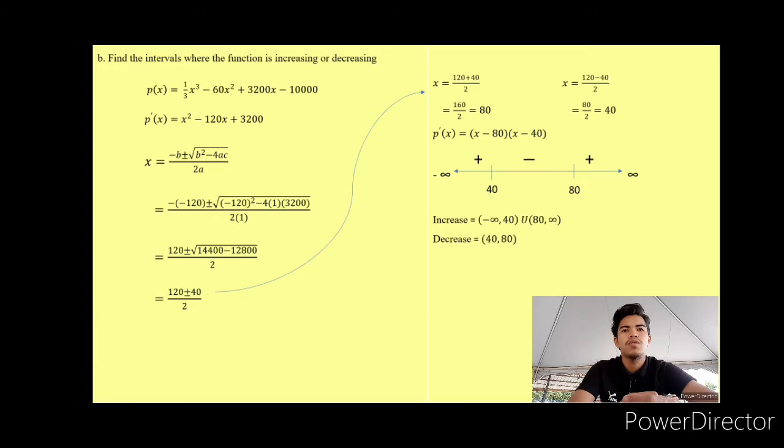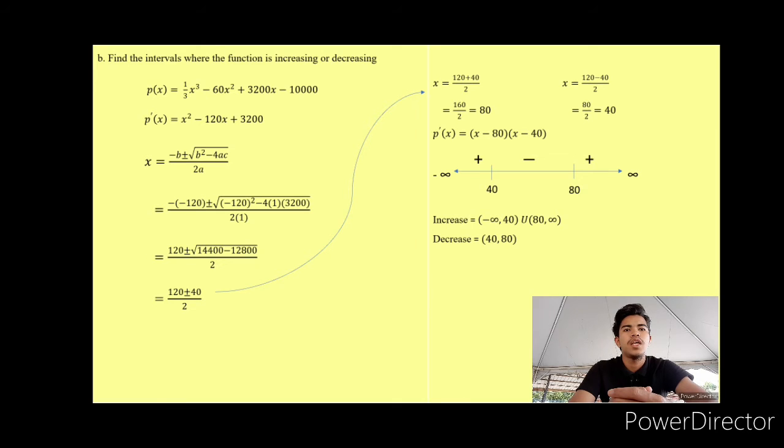To get the signs positive, negative, positive, we test values in the first derivative. Under 40, for example 20, we get a positive value. Above 40, for example 60, we get a negative value.